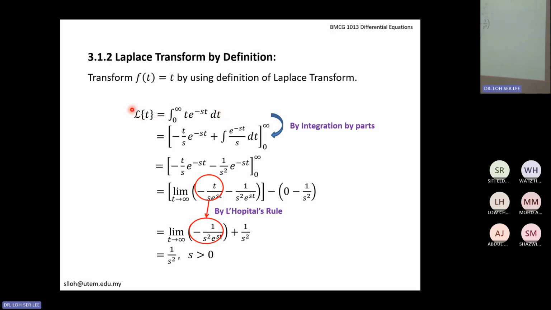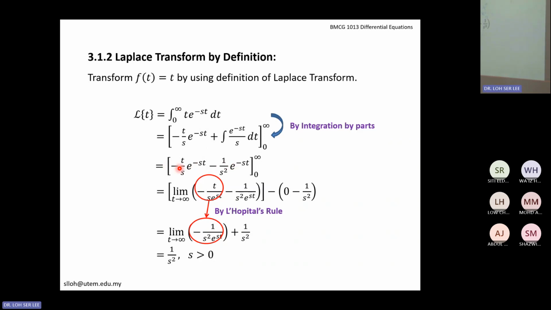So this is a polynomial multiplied by an exponential function. When it comes to the integration, we apply either integration by parts or the tabular method. If we use the tabular method, you get this line. If you use integration by parts, you get this line, then this line.